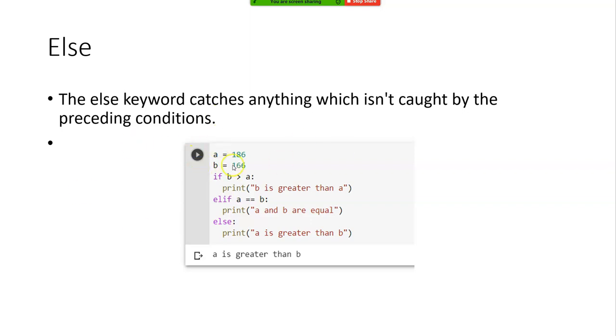I have made a mistake. As I said, it's not a mistake from the point of view of processing the code, but it is definitely a mistake from the point of view of organizing your code. You should start with a hash statement. A hash statement will not be processed, but it should say this is a code about if, elif, and else.